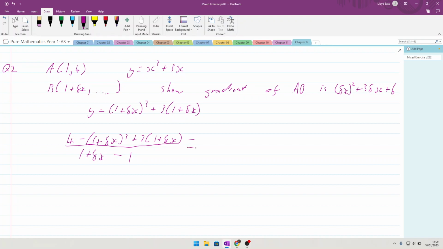Okay, and so now hopefully as we put this all through, we're going to come up with something that looks a bit nicer than that and looks more like what they're asking us to find here.